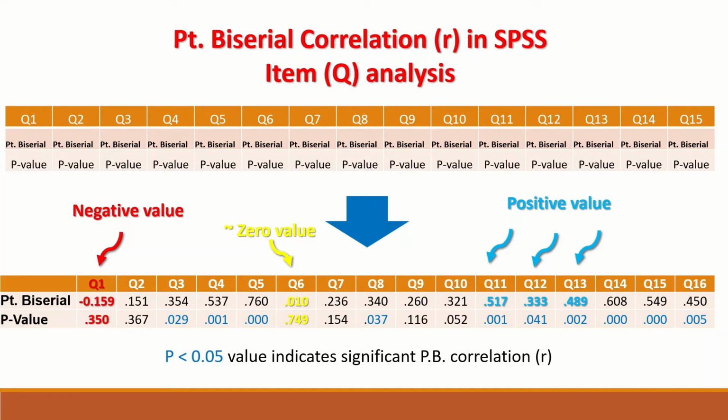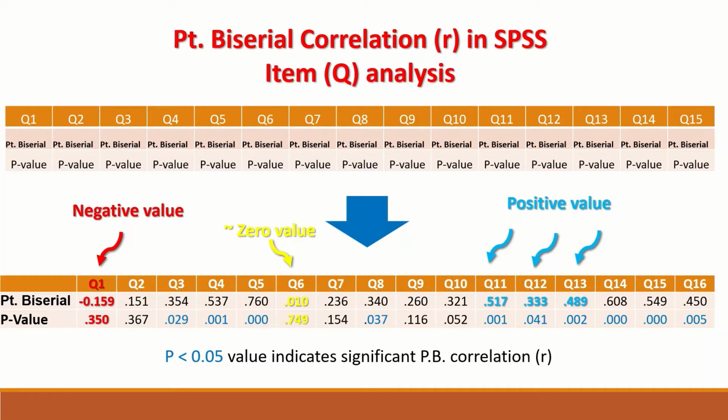Q12 is also a good question, as its value is 0.33 and the p-value is less than 0.041. The same goes for question number 13. We can call it a very good question as the R value is 0.48 and the p-value is very low.